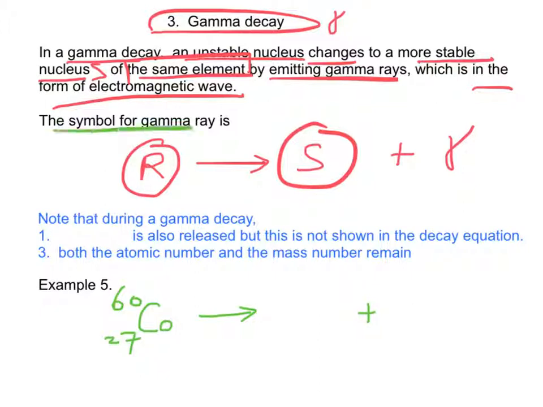The symbol of gamma waves is gamma. Since the mass number and atomic number are both 0, we don't need to write them down.